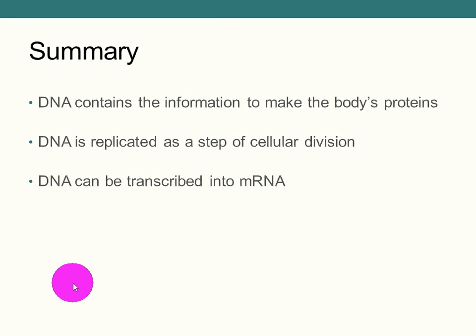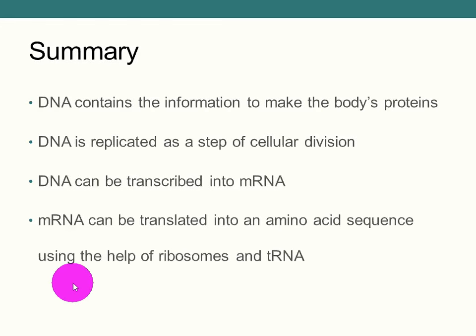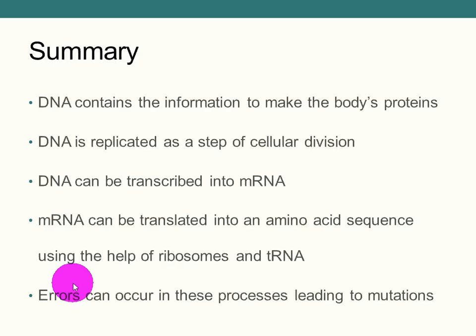DNA can be transcribed into mRNA, and then that mRNA can be translated into an amino acid, into a protein sequence for our body. And then lastly, this process can go wrong, and it can be due to all sorts of things, but these processes of replication, transcription, and translation can lead to changes in our genetic code.